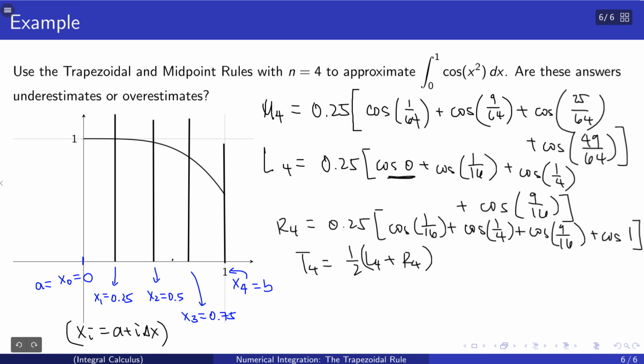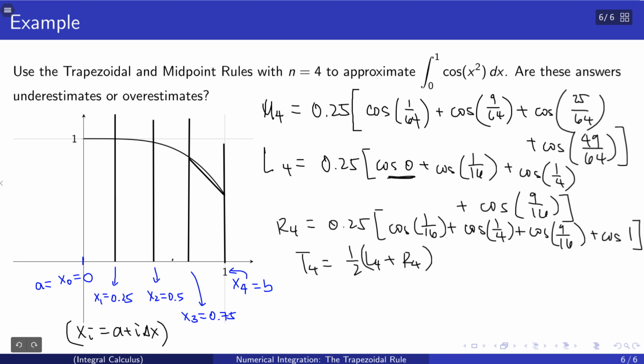But now the computation's not that exciting here, right? But there's also a question here that asks, are these answers underestimates or overestimates? And you can probably visualize that for the trapezoidal rule here, you're actually going to get an underestimate.